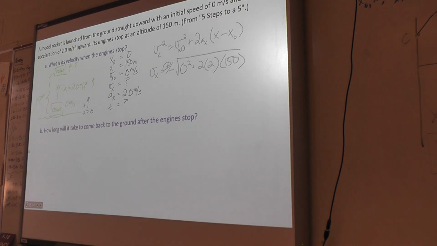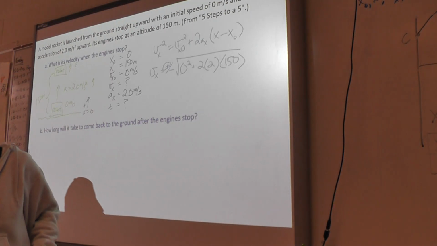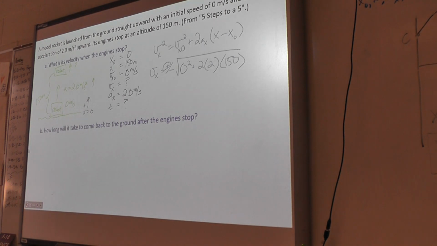And notice I don't put the units in. Once I put my numbers into the equations, I leave the units out. It's easier that way, believe it or not, because sometimes you'll get confused. Like meters, is it meters or is it mass? So I just leave the units out once I've made my variable inventory. So this is just going to be the square root of 600. And then, I don't know how to use this calculator.